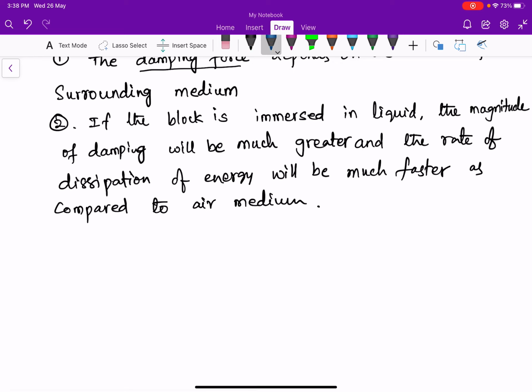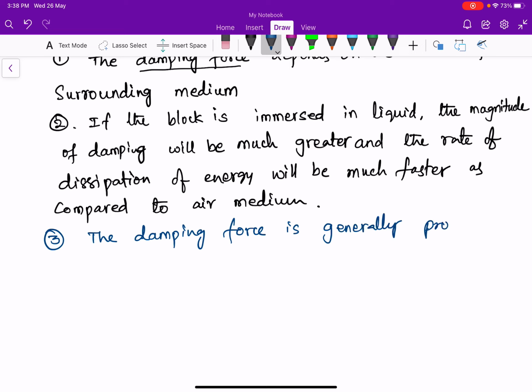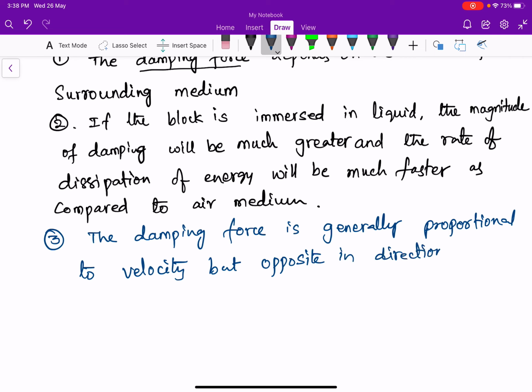And the damping force is generally proportional to velocity, but opposite in direction. Suppose you are moving on a bicycle.